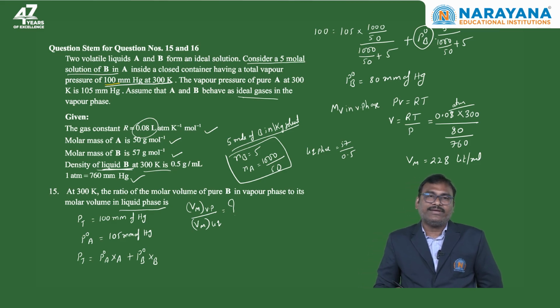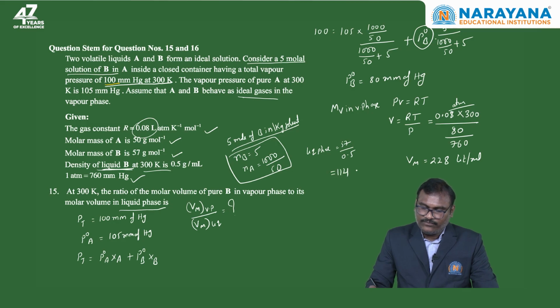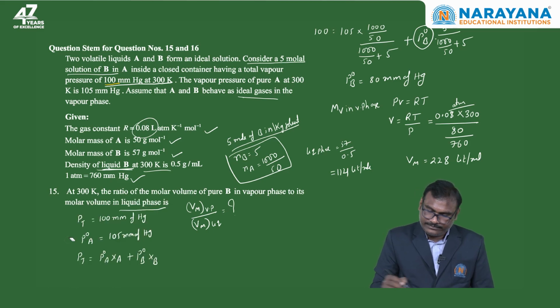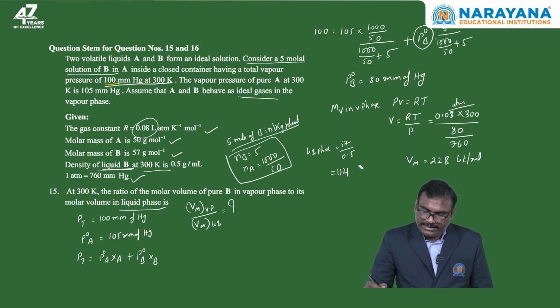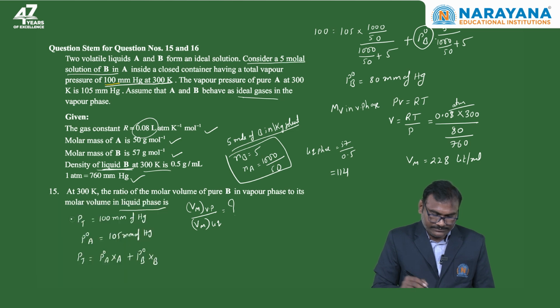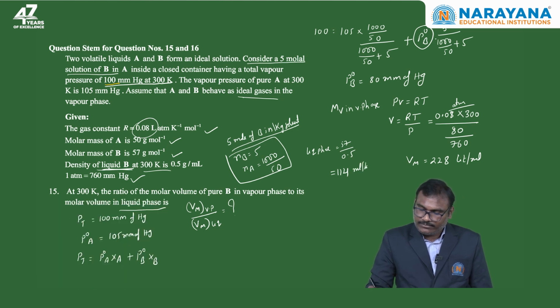So 1 ml has 0.5 gram. 57 grams is having how much? 57 by 0.5, that is equal to 114 milliliters per mole. Say yes or no? Sir, milliliters per mole.